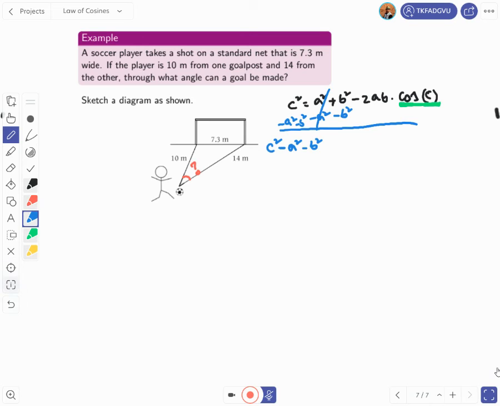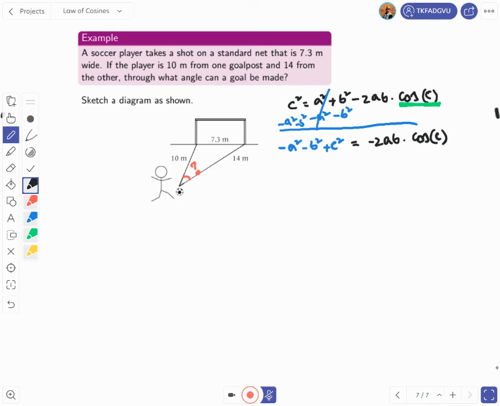You may think of adding plus 2ab. Don't do that, because it is still multiplying. As long as this 2ab is multiplying with cos c, that is considered as one term. So this equals negative 2ab times cos c.